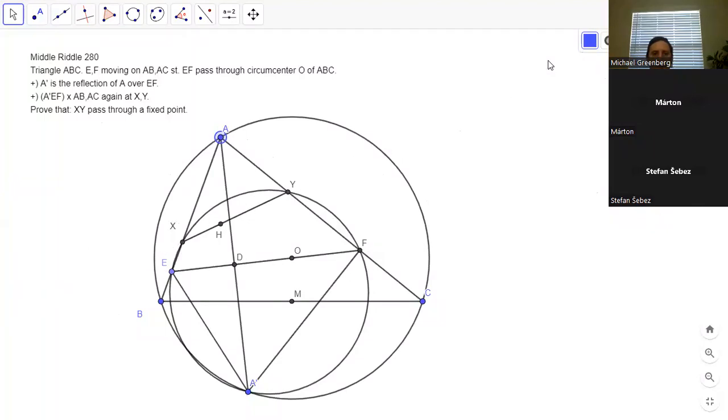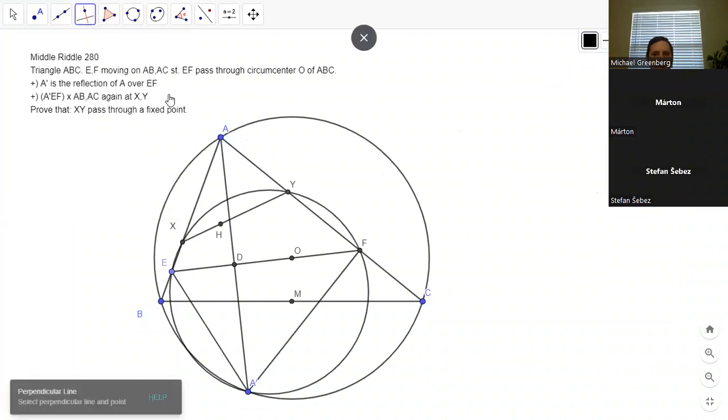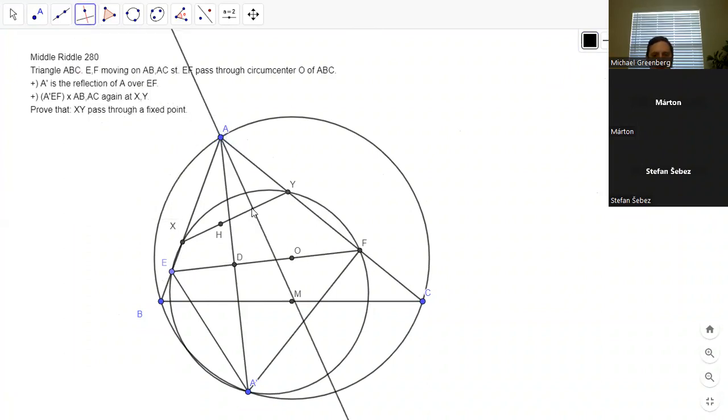Yeah, let me think a little bit more about. Is AM perpendicular to XY?